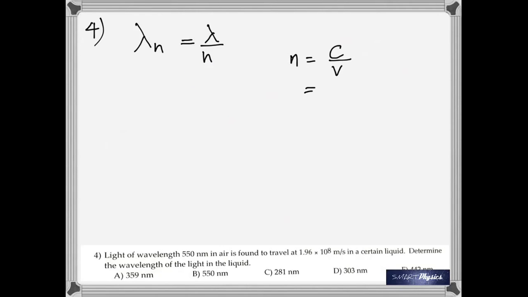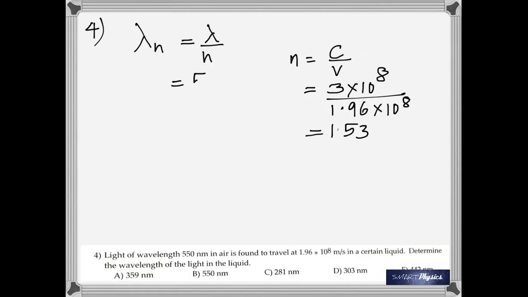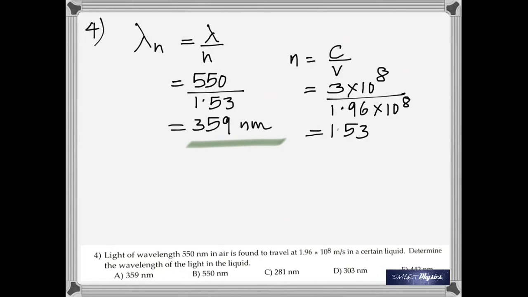So when you rearrange, and you know that refractive index is defined as the speed of light in air divided by the speed in that material, you can find the refractive index first. Get is 1.53, and then all you got to do is 550 divided by 1.53. It gives 359 nanometer.